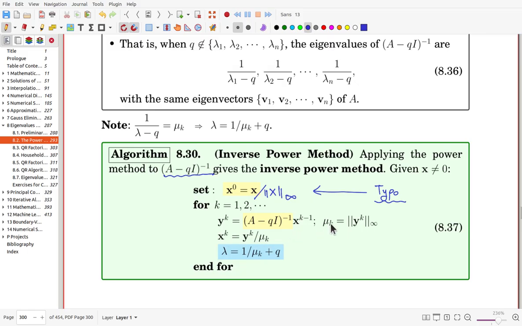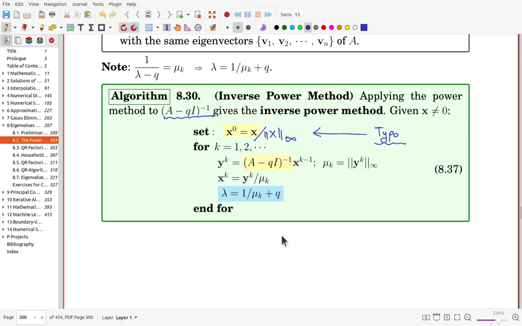Now for mu_k, we can get the corresponding lambda using this equation, so that 1 over mu_k plus q is lambda. So lambda will approach the desired eigenvalue nearest to the given number q.